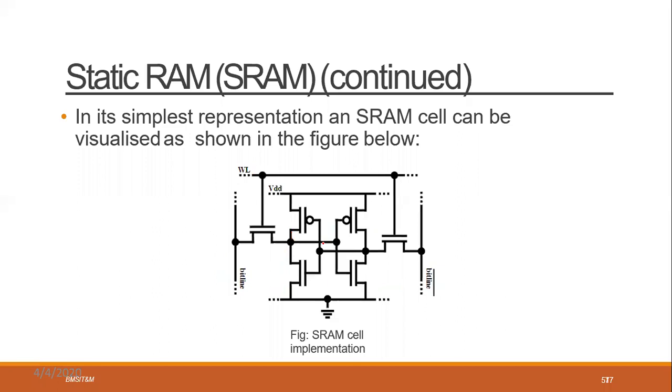For that purpose, again, your word line should be held as 1 only, because this access transistor should be on in order to access data from this memory location. So for that purpose, this word line should again be held at 1.